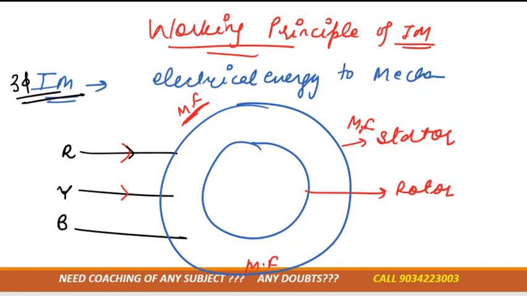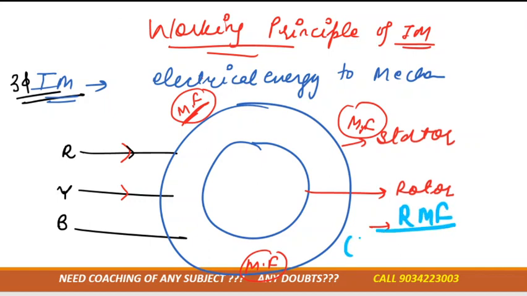It seems so because first the magnetic field is here, then here, then here, then again here, here, here. So it seems like the magnetic field is rotating, and that concept is known as the RMF. What do you mean by the RMF? Full form of RMF is the rotating magnetic field.